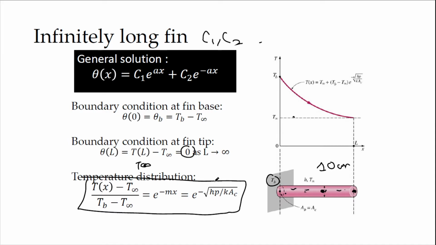You assume the end tip of the fin is at a similar temperature, 25 degrees C, and your ambient is also 25 degrees C. That allows you to use this equation, so you don't have to look at the other ones. Straight away use this equation to determine the temperature along the fin.